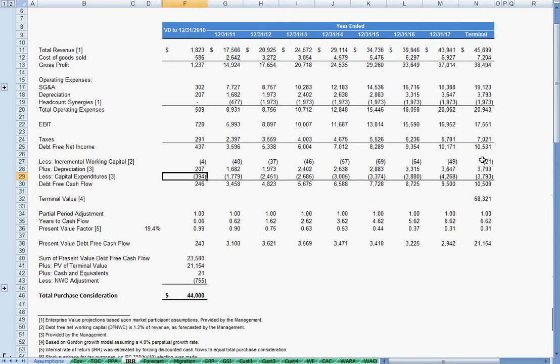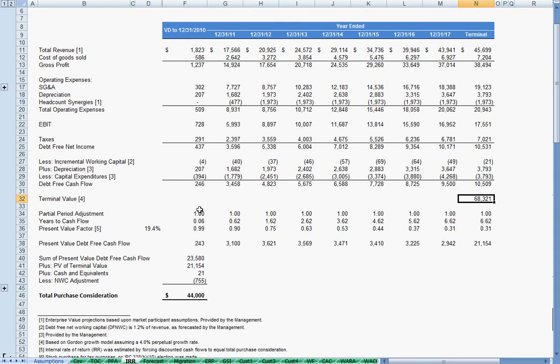Note that in the terminal year, regardless of how depreciation and capital expenditures are calculated, they have to be the same. Terminal value and discounting are done with the use of the mid-year convention.